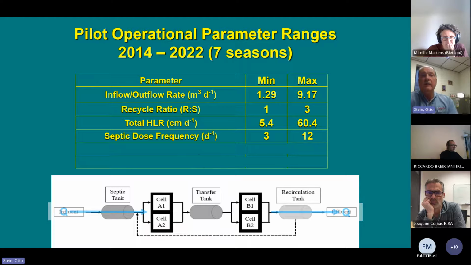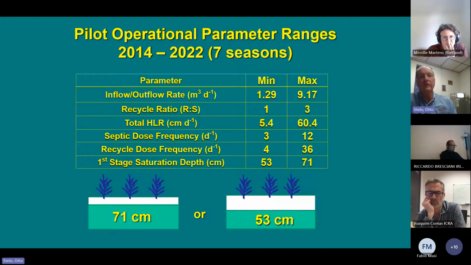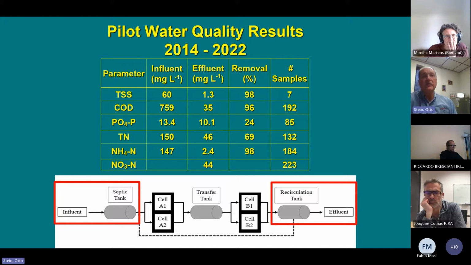We've done different dose frequencies between 3 and 12 doses per day, recycled dose frequencies of somewhere between 4 and 36, and we've looked at 2 different saturation levels of the wetland. This is blind to all the different things that we have done over the years, so this is a mix of all of those different options that we've looked at.